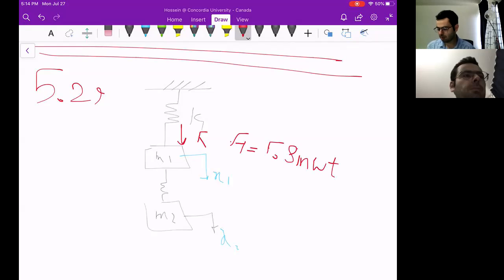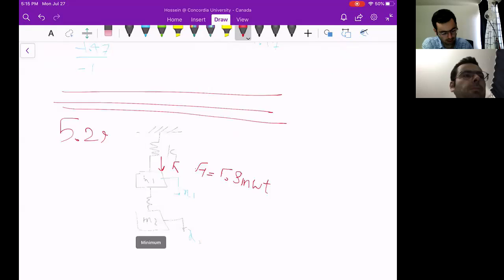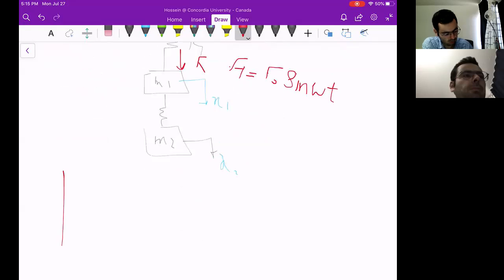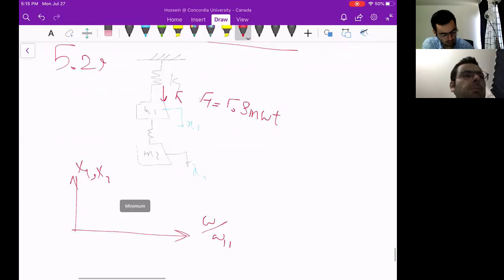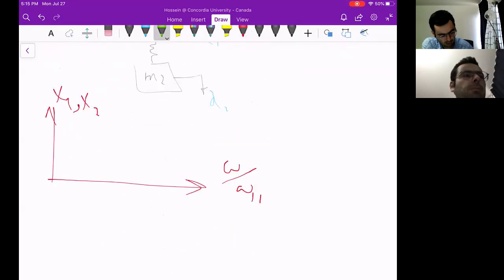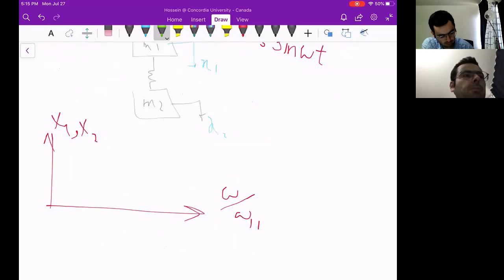and then once you have the response, you can plot the response based on omega over omega 1,1, which you are asked for. As soon as you obtain x1 and x2, you can easily plot them based on omega over omega 1,1. Omega 1,1 is just the natural frequency of this system only.